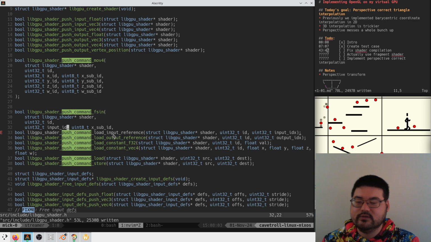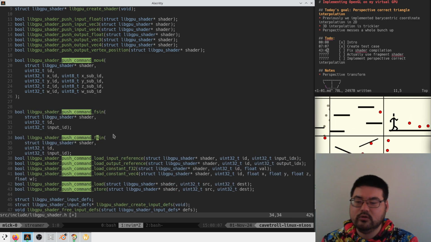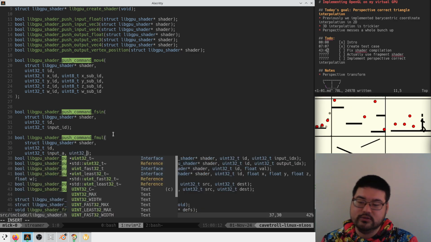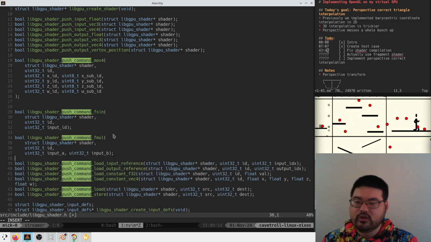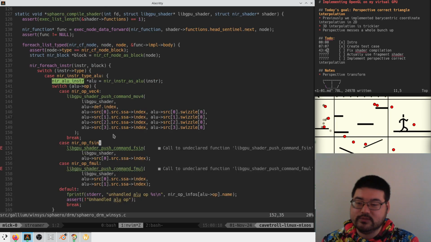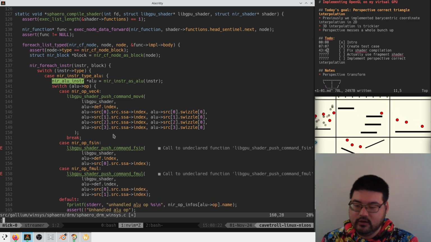It's fine, we'll call it this. And then we have fmol, which takes in input A and uint32_t input B. Boom. Chillin', which means that in here, we need to make sure that we store the outputs for both of these.